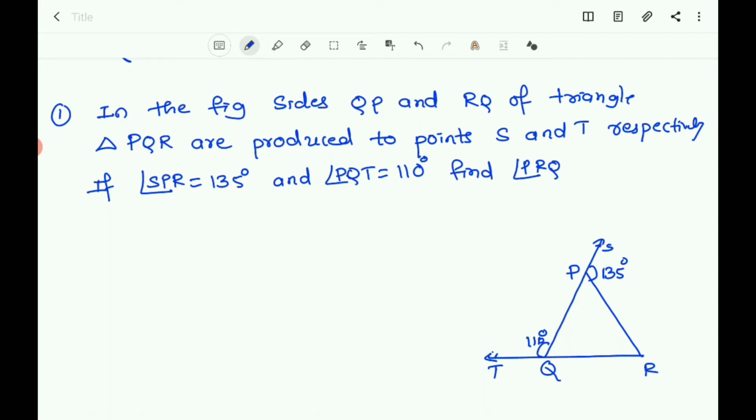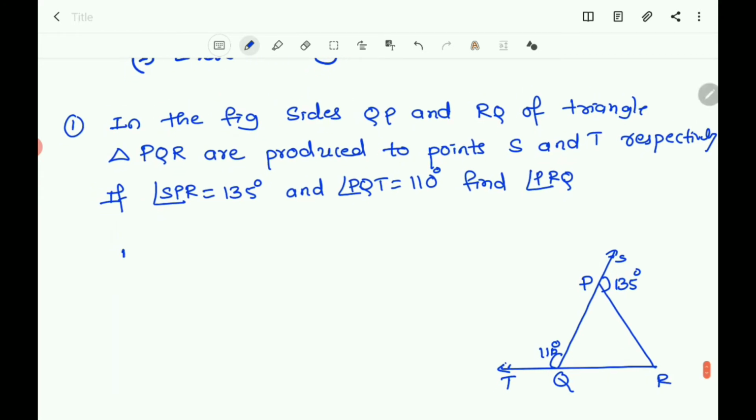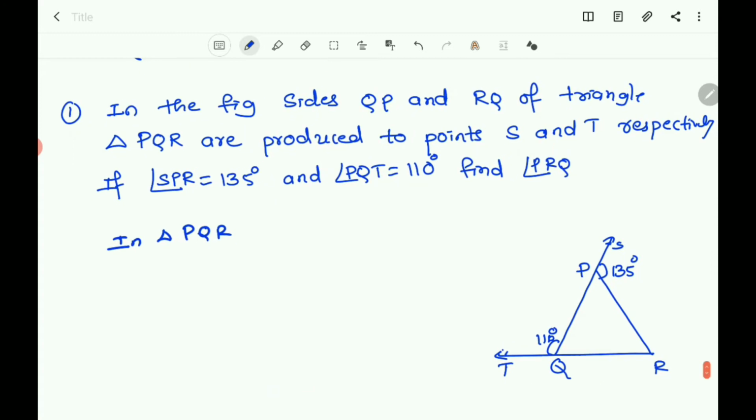That is one method. In the other method, by taking one interior angle and the other two, we have to take that the sum of the interior opposite angles is equal to the exterior angle. That also you can use here. Now first you write, in triangle PQR, what is given here?